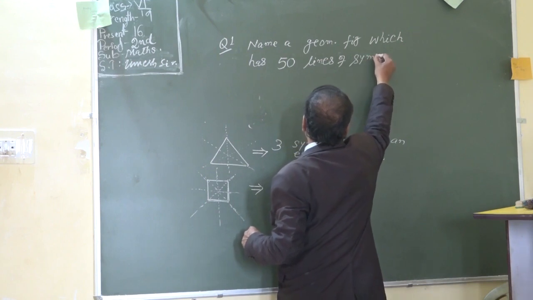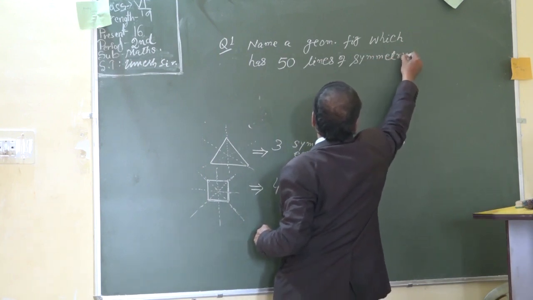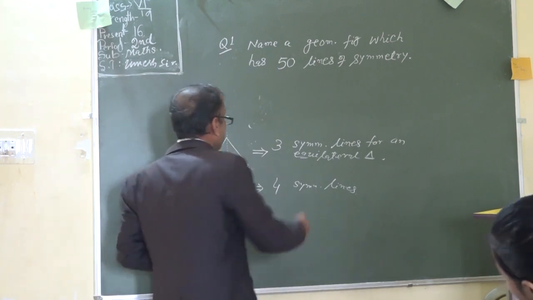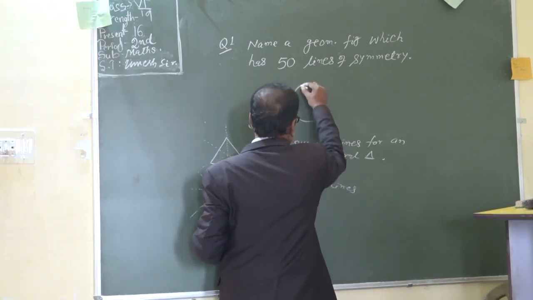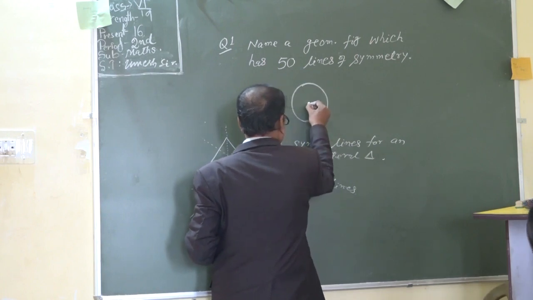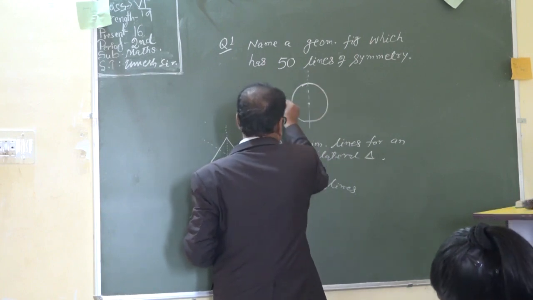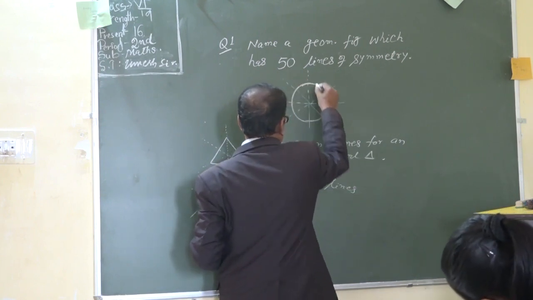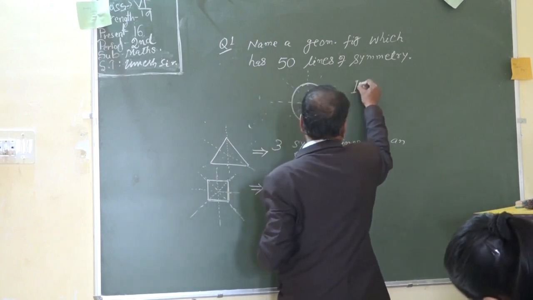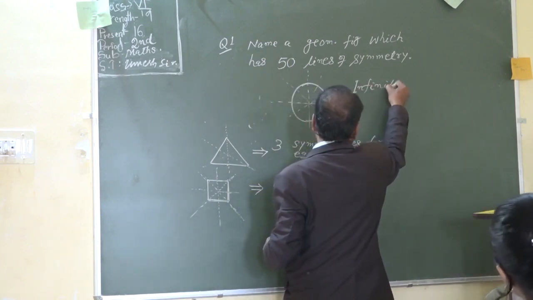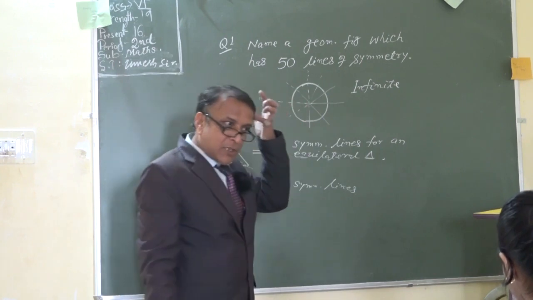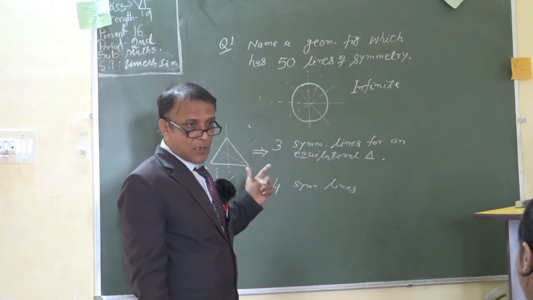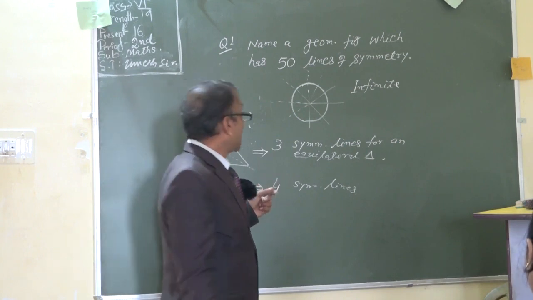We can make 50 lines of symmetry. Yes, so it is a circle. So circle is a geometrical figure. You can draw 100, 500, 10 lakh, 50 lakhs, meaning infinite, uncountable number of symmetrical lines can be drawn to a circle.